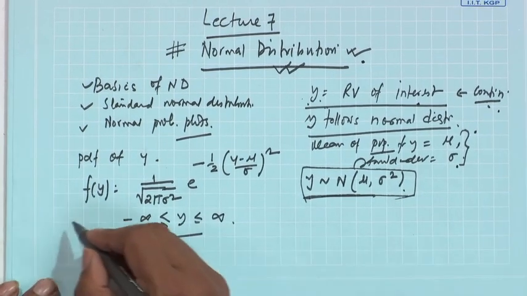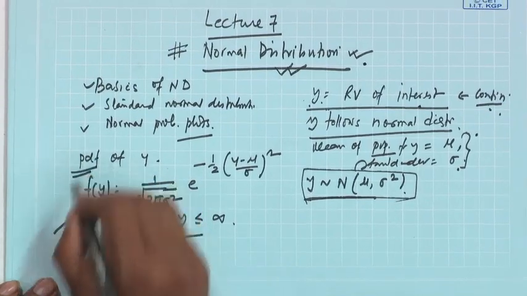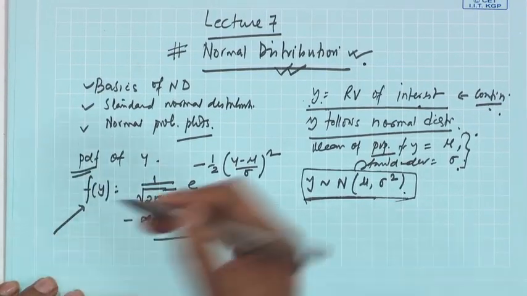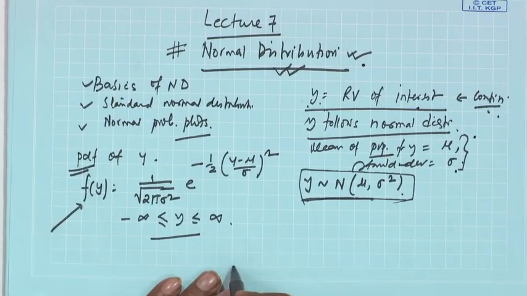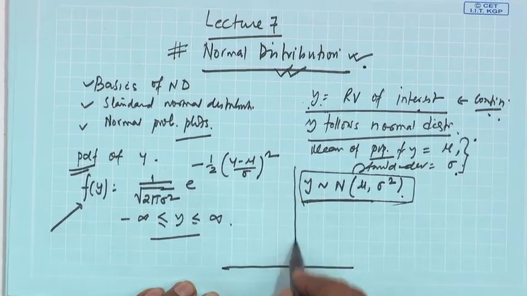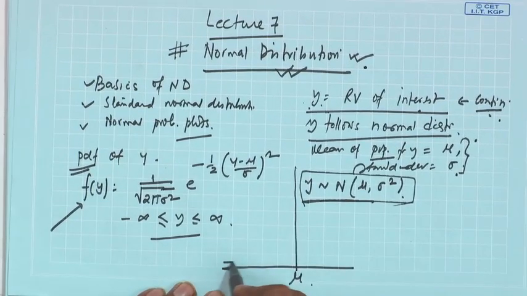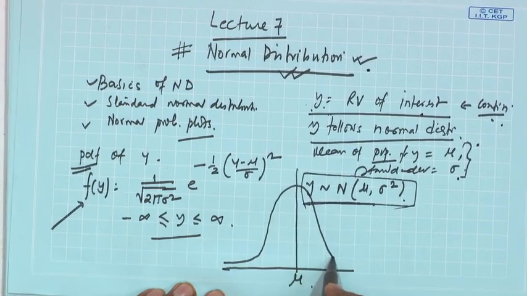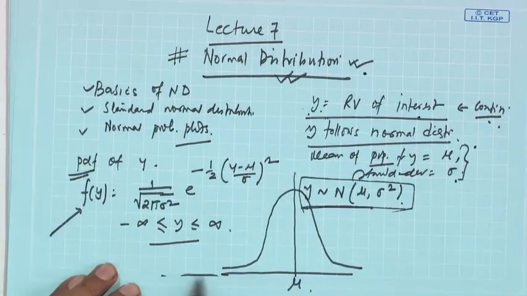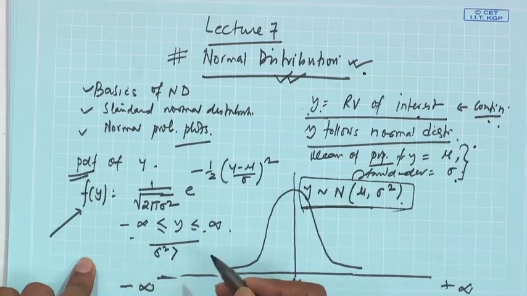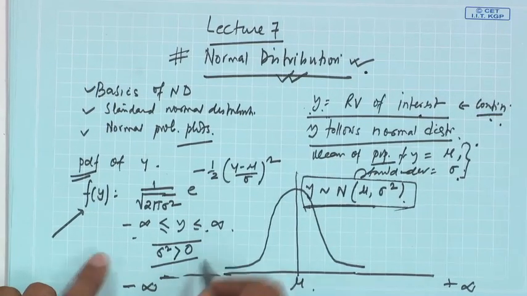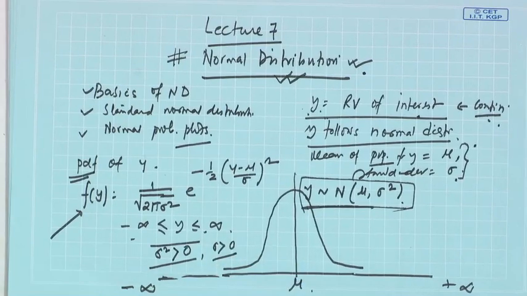This is the PDF, the probability density function of y, and this is the normal probability density function. And if you plot, your plot will be like this, this will be mu, and this side minus infinity to plus infinity. It must be that sigma is greater than 0. Sigma is not 0.